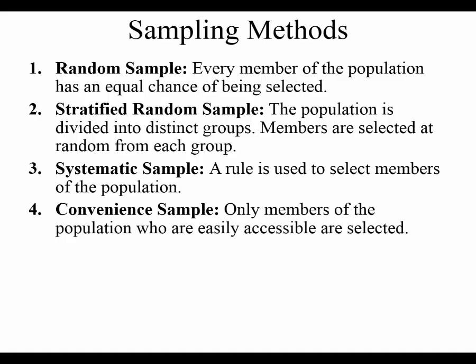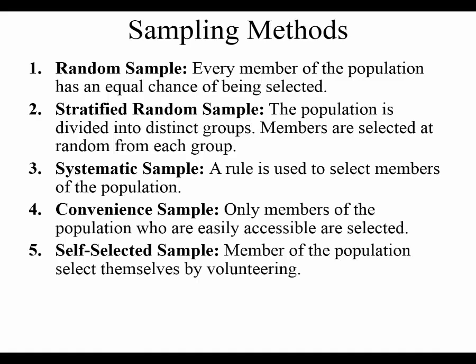And then you have the self-selected sample. In other words, people volunteer to be part of the sample. Now, each one of these is probably going to yield different results, obviously, because you're going to get different kinds of classifications, different people, different members in your groups to sample. But we'll go through some examples.